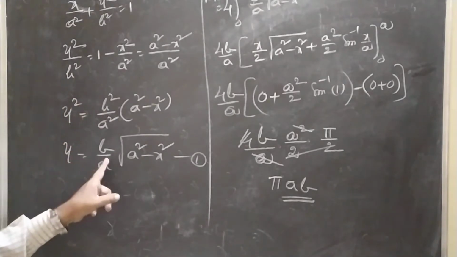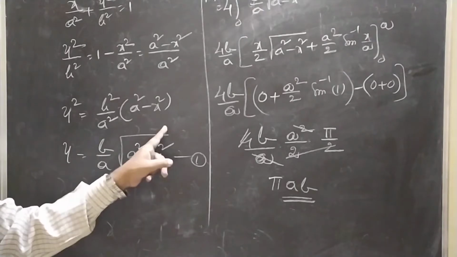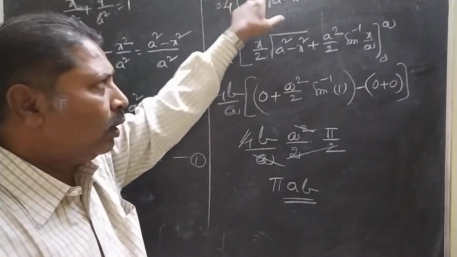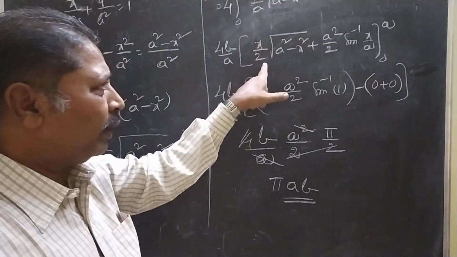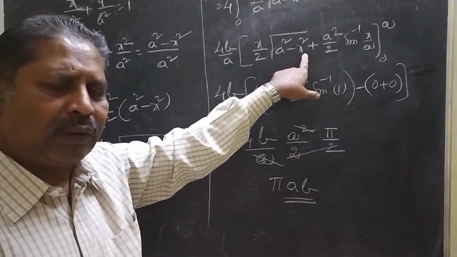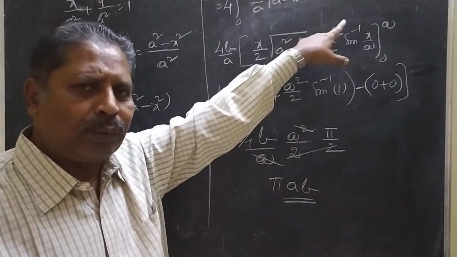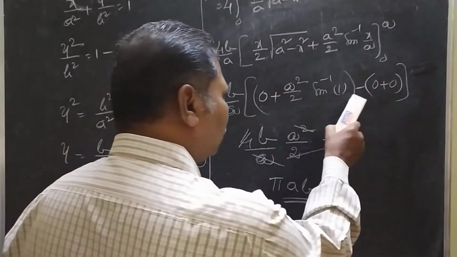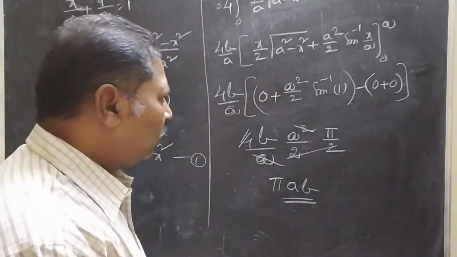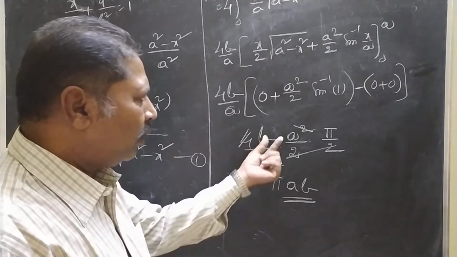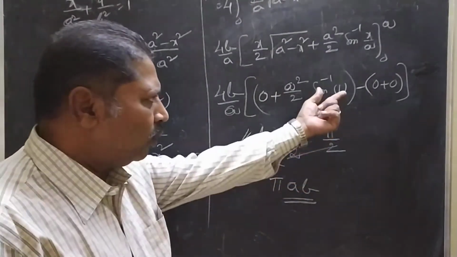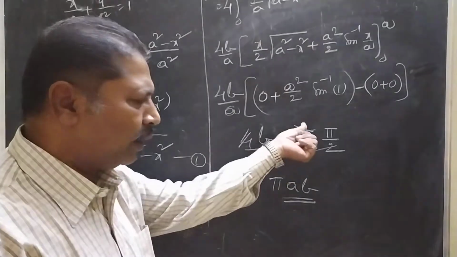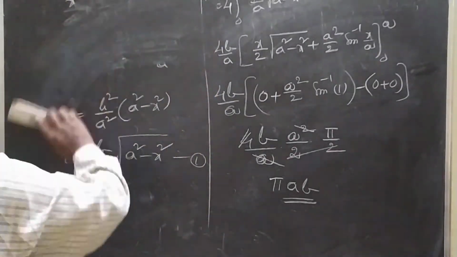Remove the square, we get the square root. So required area is 4 into integral 0 to a. This is the direct formula: x by 2 under root a square minus x square plus a square by 2 into sin inverse x by a. First apply the upper limit. Lower limit value 0. So 4b by a into a square by 2 sin inverse 1, value pi by 2. 4 cancel, a cancel, pi ab.